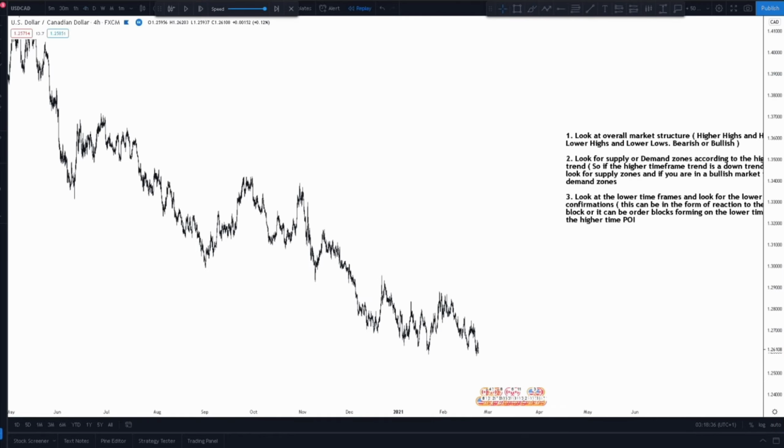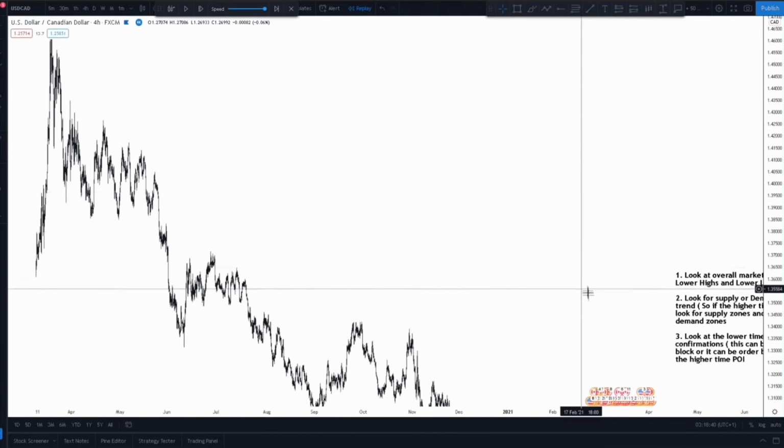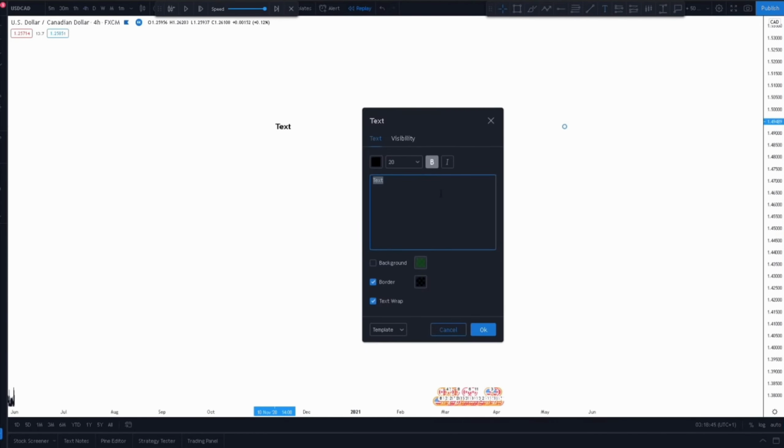Talking of order blocks, I have refined the way that I look at an order block and choose whether or not an order block is valid. It's very simple. I haven't changed it massively, but the two things that I look for for an order block to be valid is that it must have broken structure, and also volume must have increased rapidly after the order block was made.